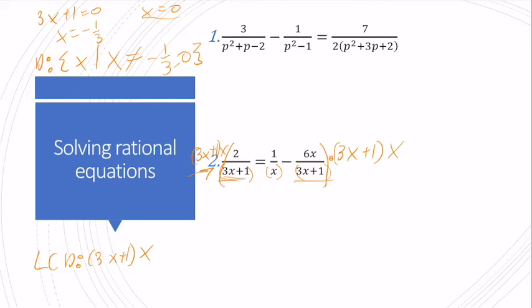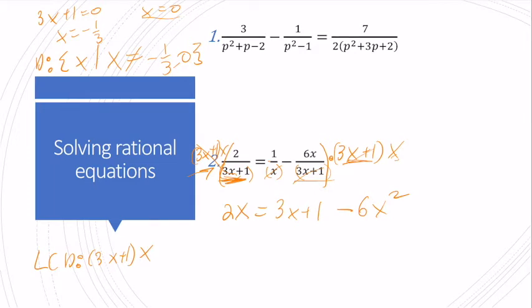My 3x plus 1 is going to cancel in this first term, so I have 2x equals 1 times 3x plus 1 times x. My x's cancel, so I have 3x plus 1, minus, my 3x plus 1 is going to cancel from that denominator, I have minus 6x squared.